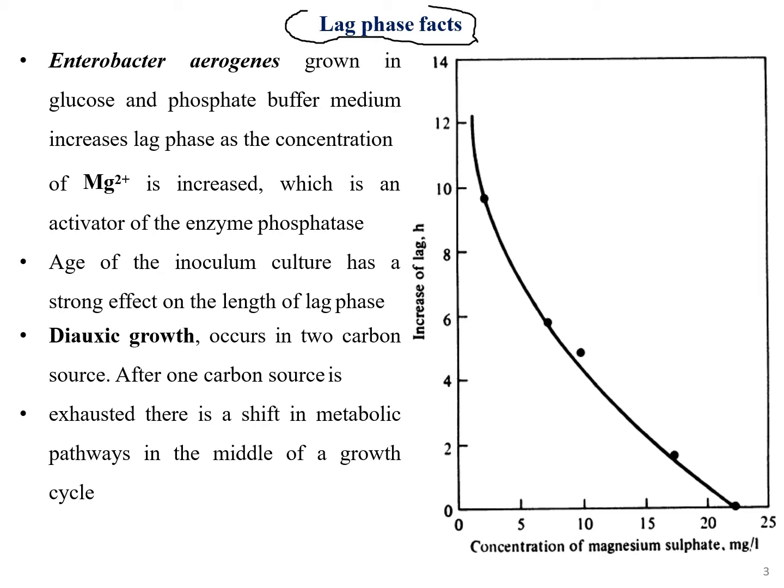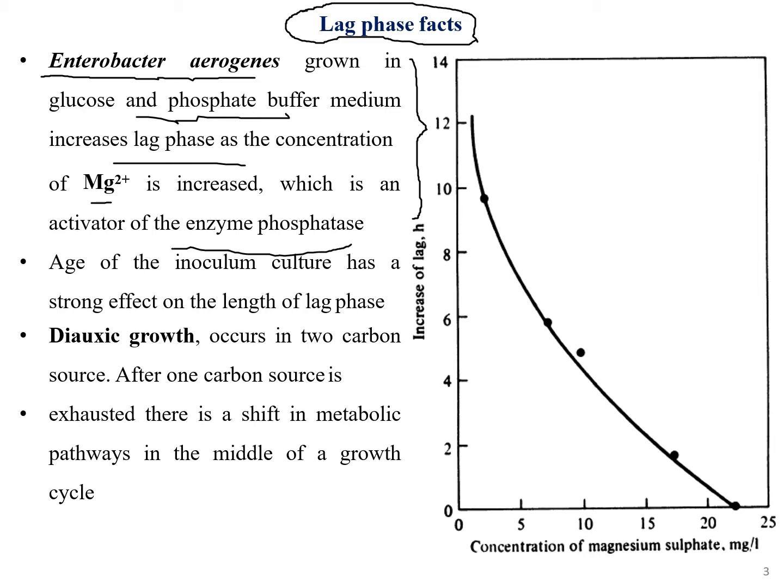Every microbial growth phase starts with the lag phase. Let's talk about some facts and how it depends on various factors. Enterobacter aerogenes, a bacterium grown in glucose and phosphate buffer medium, shows an increased lag phase as the concentration of Mg2+ is increased, since Mg2+ is an activator of the enzyme phosphatase.